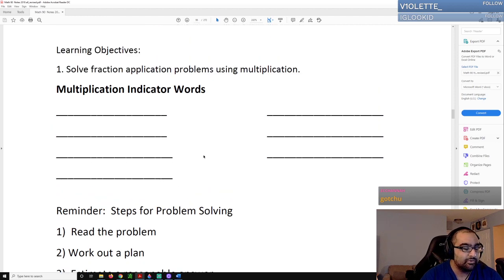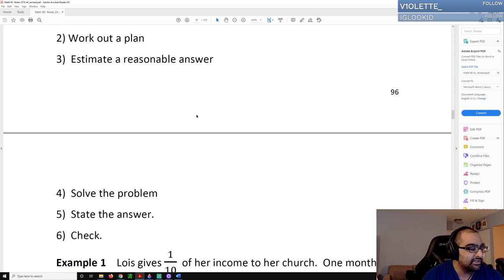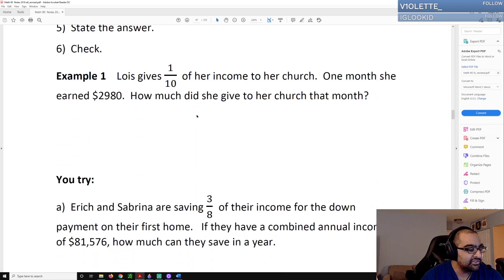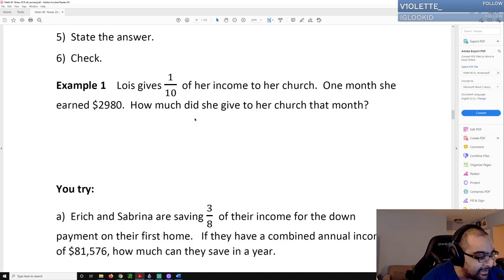So we're going to talk about some of the indicator words that we want to be looking at here, i.e. the keywords in the word problem, in order for us to figure out how to set up that problem. And then after that, we'll go ahead and do the calculation. So let's take a good look at several problems, and we'll talk about the big keywords.